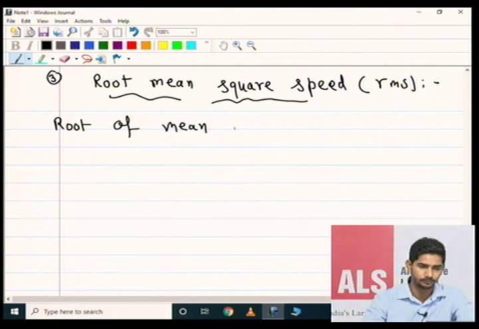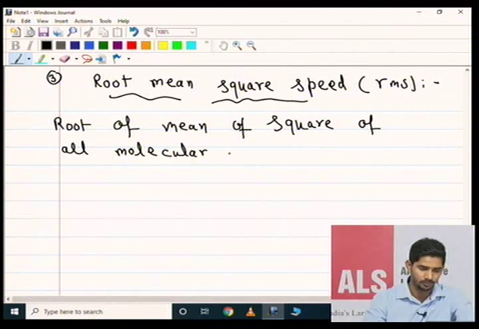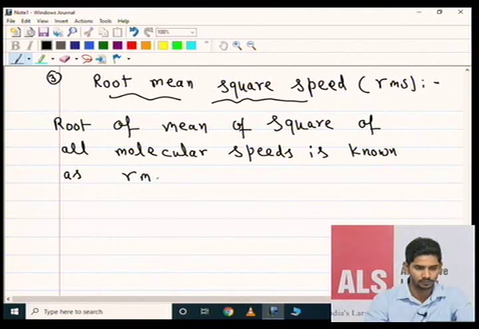Root of mean of square of all molecular speeds is known as RMS speed. Okay. How can we calculate it?